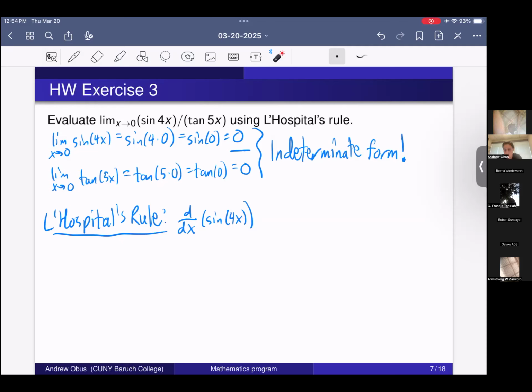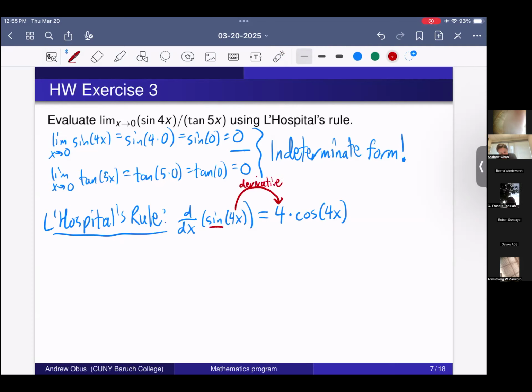The chain rule, exactly. So Robert, do you want to do the chain rule for this derivative? Yeah, the derivative of sine of 4x will be 4 cos of 4x. Perfect. So just to review for everybody, you have to take the derivative of the interior function here. That 4x is becoming the 4.